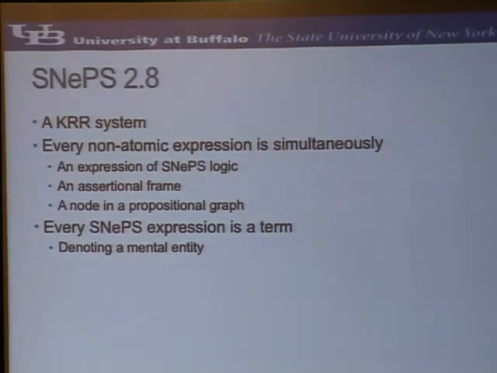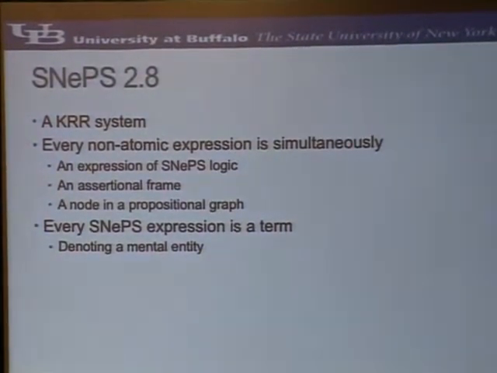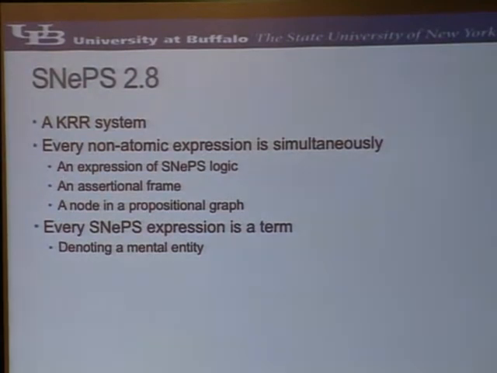And an important aspect of SNePS is that every well-formed expression is a term. So there are no well-formed expressions that are sentences in the standard logical view. And it's a term that denotes some mental entity, which I'll say more about. So let me say more about it. So here's the ontology of mental entities represented in SNePS.